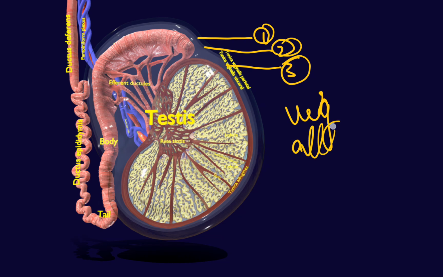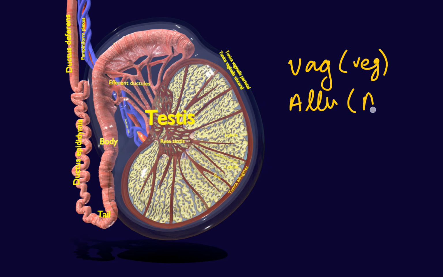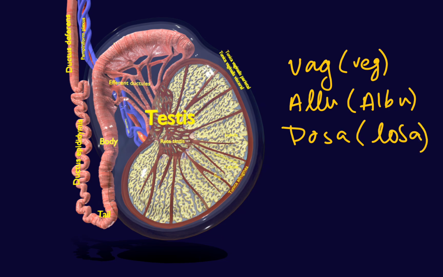veg aloo dosa. Okay, veg aloo dosa. Veg से vaginalis, the first one and outermost, tunica vaginalis.